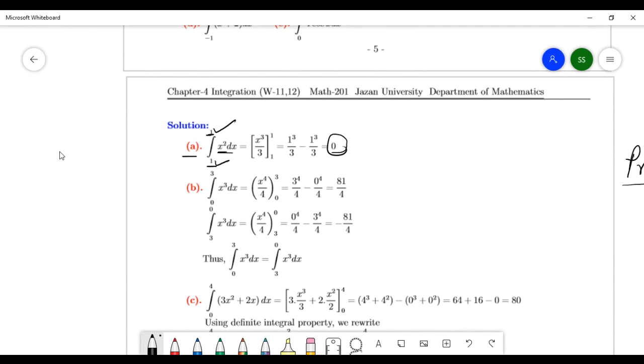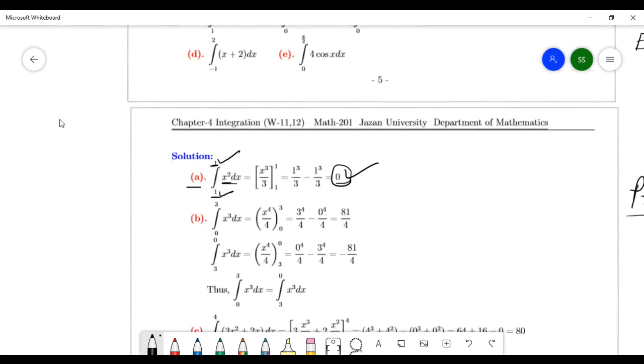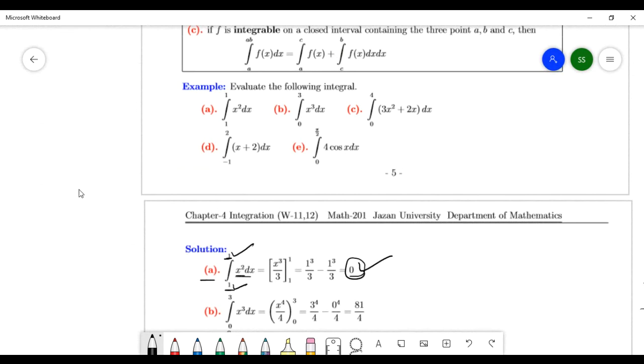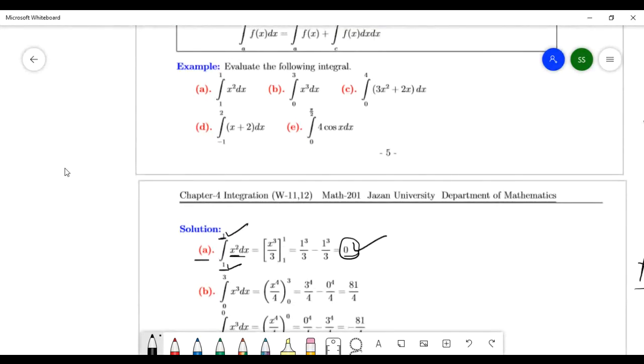Because this is 1 and this is 1, the same. If they are the same, no need to solve, it is 0. You can write it this way. Okay, right? This example, and after that example B, example C. Okay.